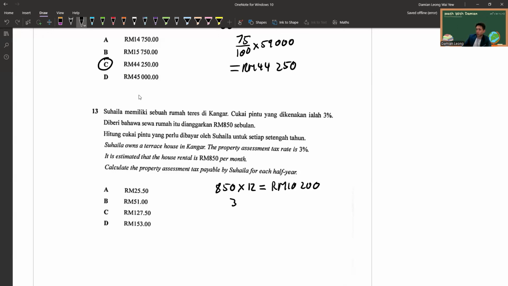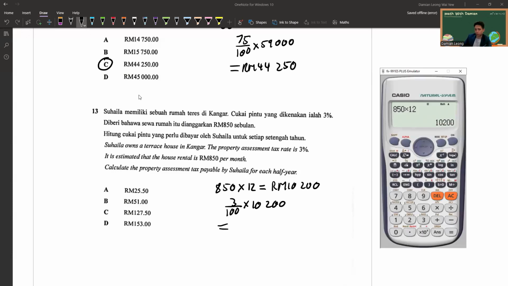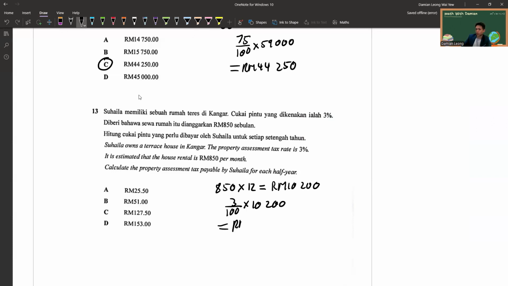So the percentage will be 3% of this annual value. 3/100 times 10,200, so 306 ringgit, but that is for 1 whole year. So 306, I divide by 2, 153. So it's 153 ringgit for each half a year. That would be the amount that needs to be paid every half a year.